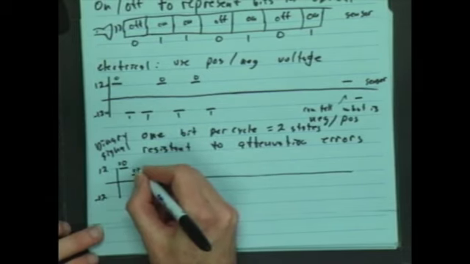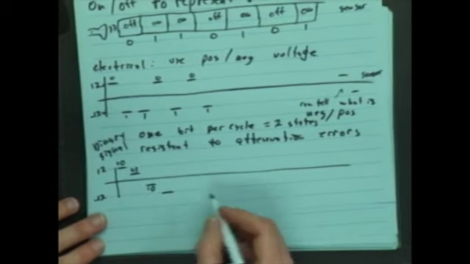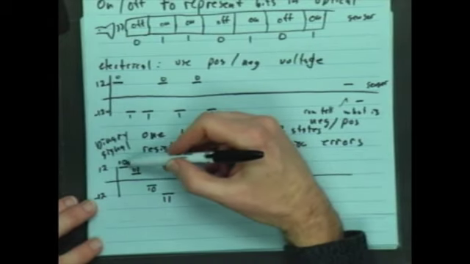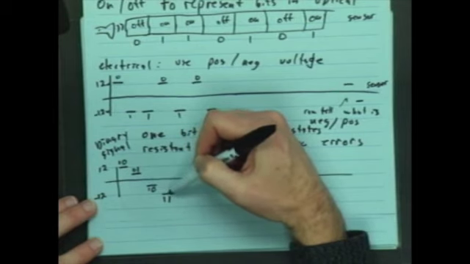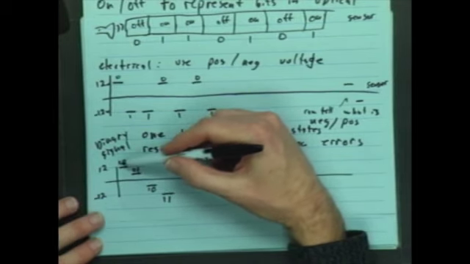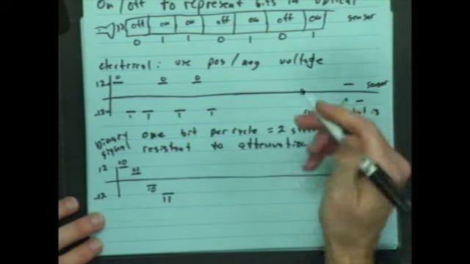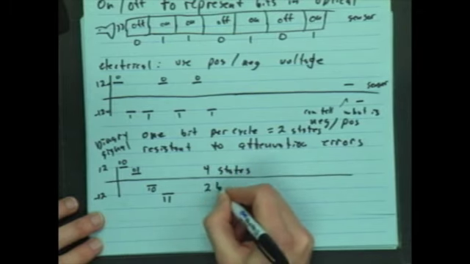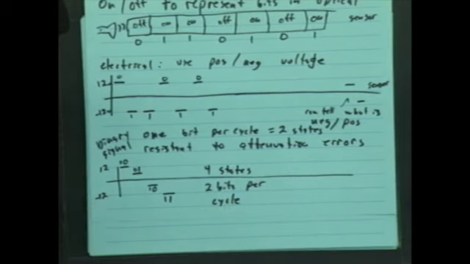I can have a 0 and a 1. I can have a 1 and a 0. And I can have a 1 and a 1. Okay? So with 4 different states of my signal, I can now do 2 bits per clock cycle.